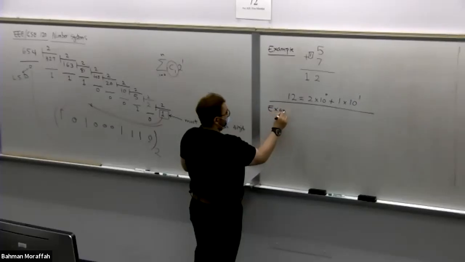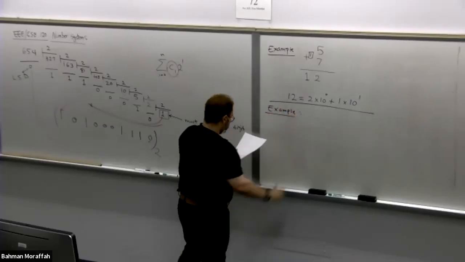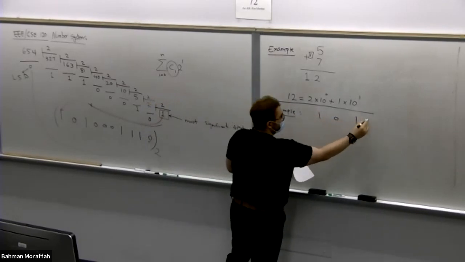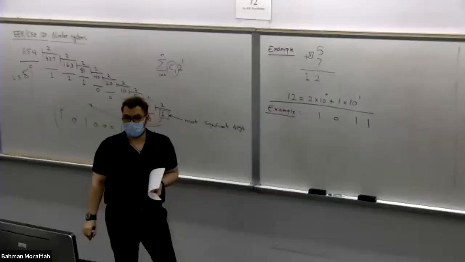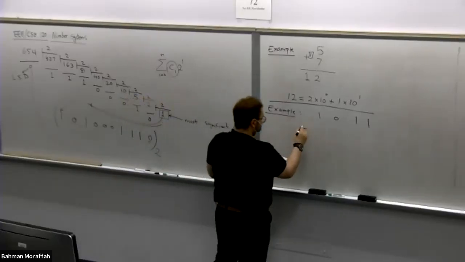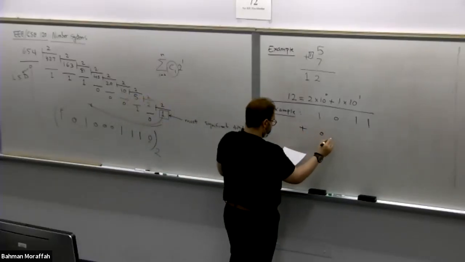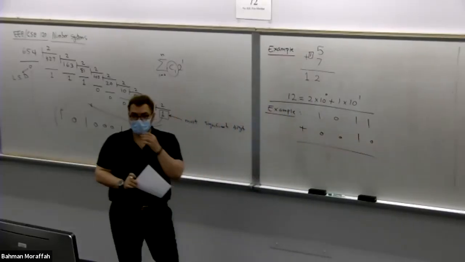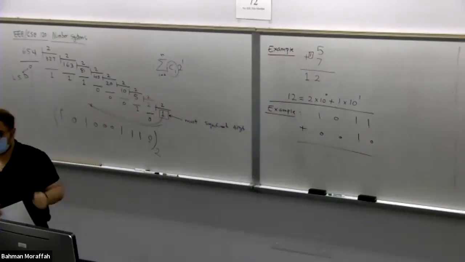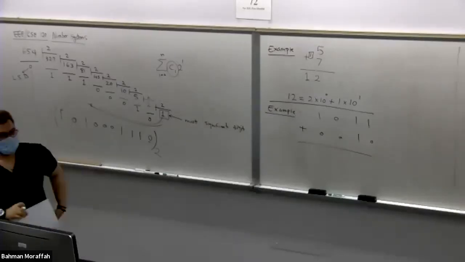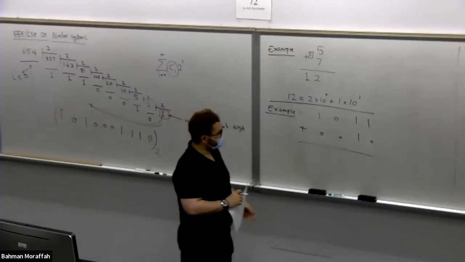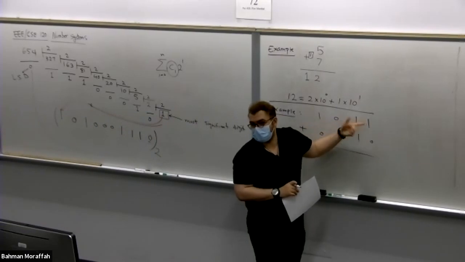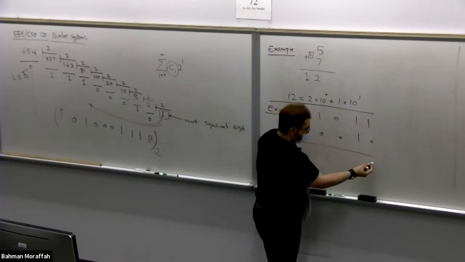Let's just say I have 1011. It's a binary number. And I would like to add it to 0010. Right? How would I do that? Well, I have 0 plus 1. What is it? It's a 1. Right?